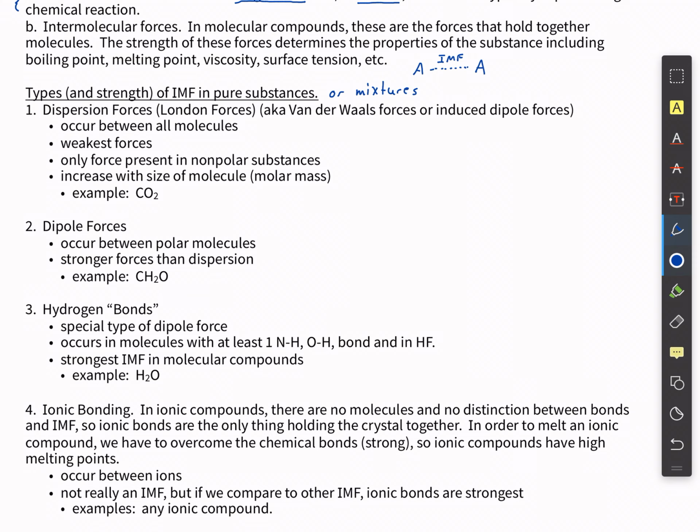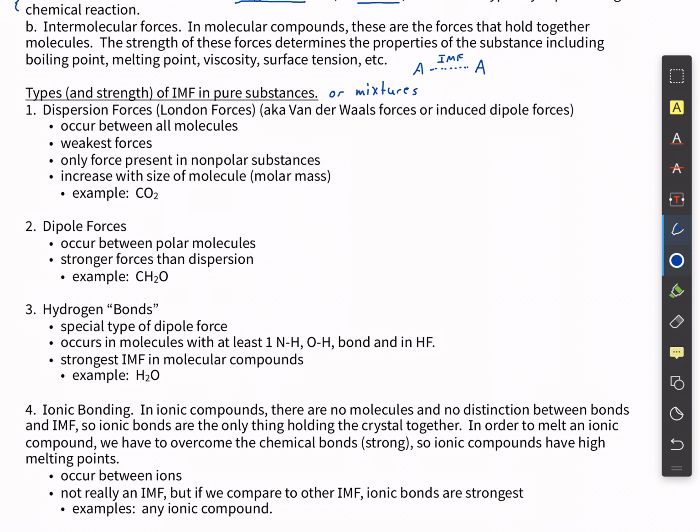So the first is called a dispersion force. This force actually has a lot of different names, partly because scientists basically figured out that this force had to exist even though they didn't really know what it was or where it came from. And so early chemists had lots of different names for this. But the best name, in my opinion, is dispersion forces. Some people call it London forces.